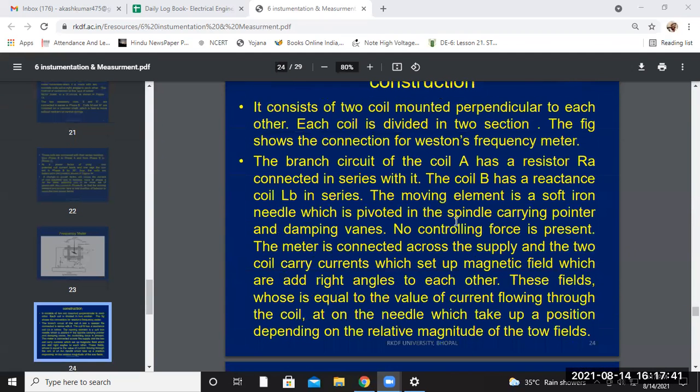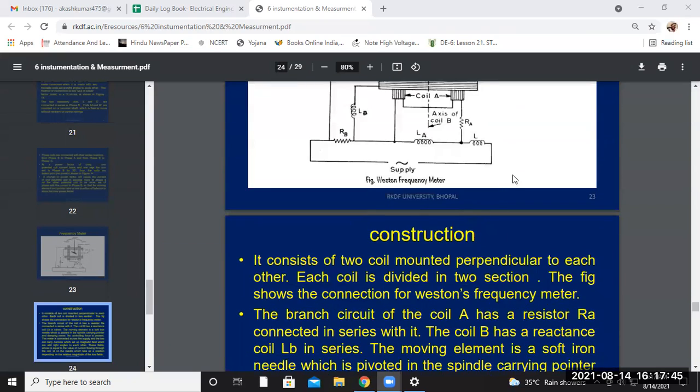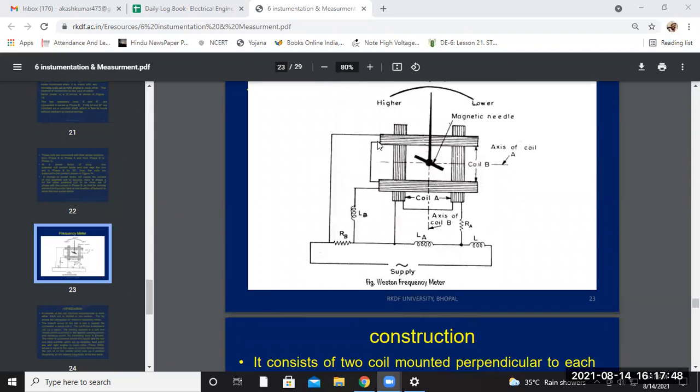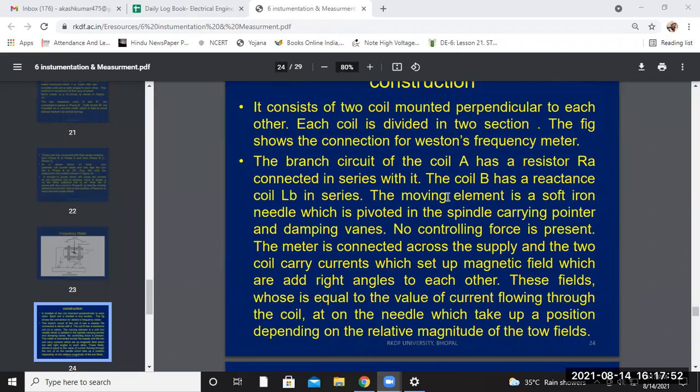The main construction of the frequency meter is also explained here. It consists of two coils mounted perpendicular to each other, one along the horizontal position and one along the vertical position.